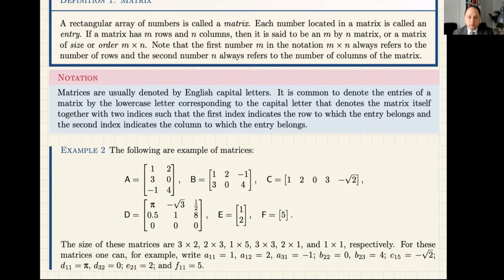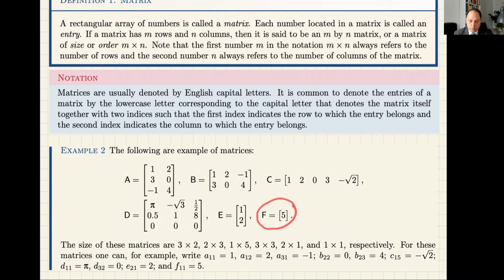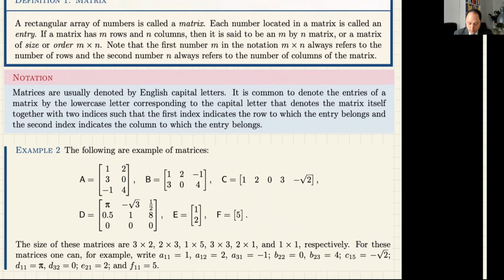This is not something very deep. These are just conventions and notations. And of course, for the matrix F, this is the only one that I can talk about. The entry in matrix capital F sitting on the first row and the first column is clearly equal to 5. And of course, there is also another convention for this matrix, which is the topic of the next remark.